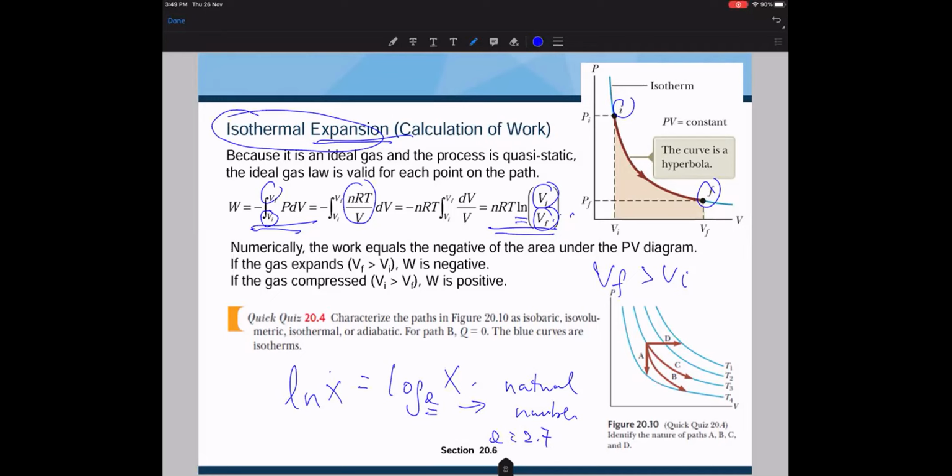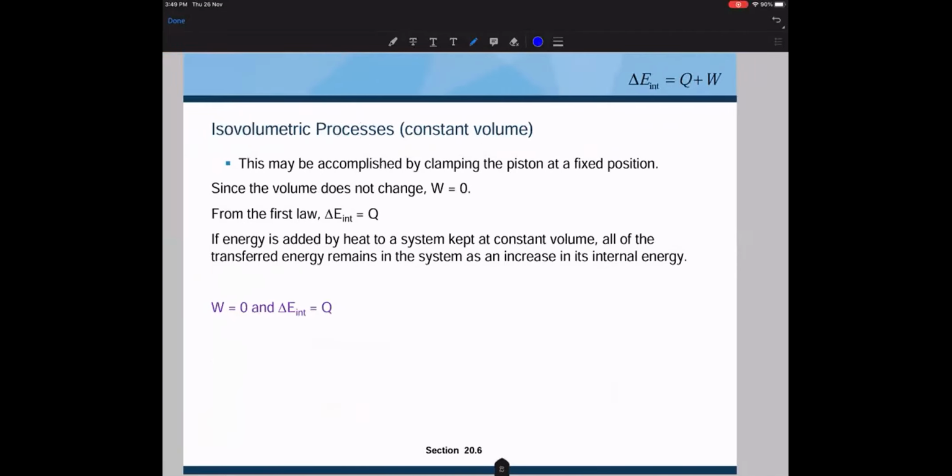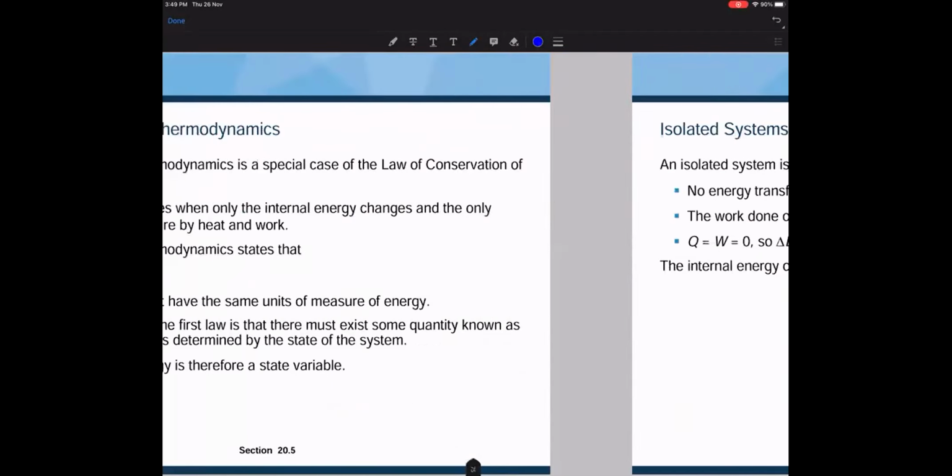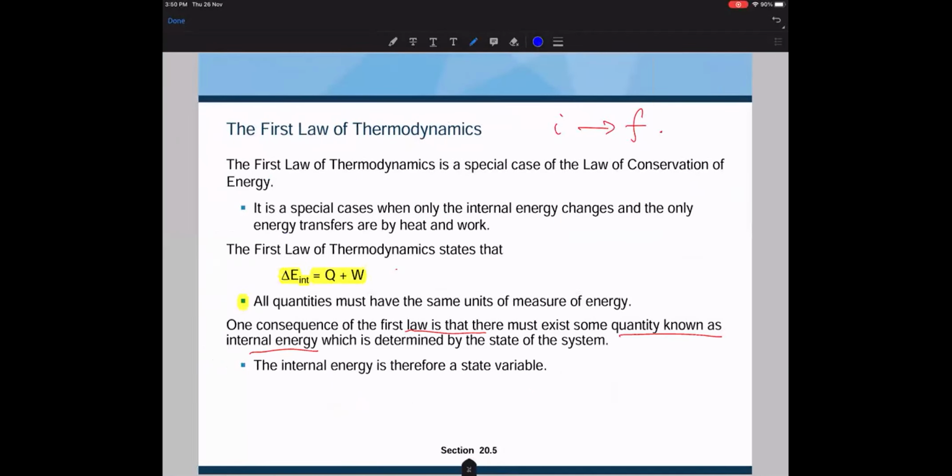Now, I come back to the question by your classmate. The negative of work done by the system. Well, in the first law of thermodynamics, W refers to work done on the system.